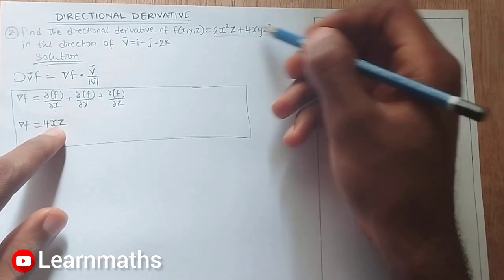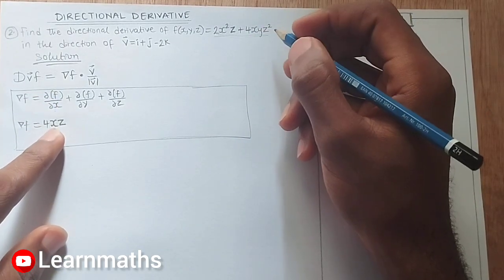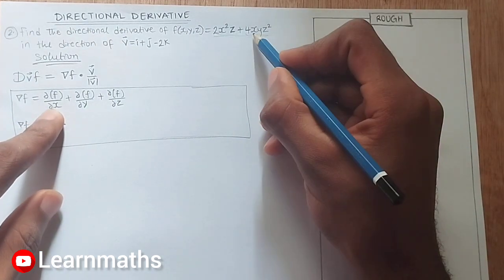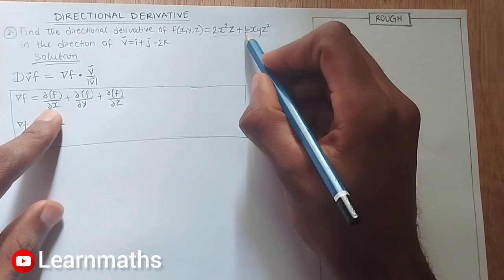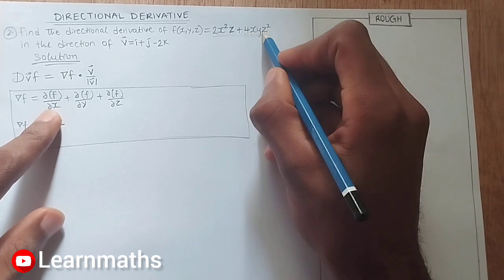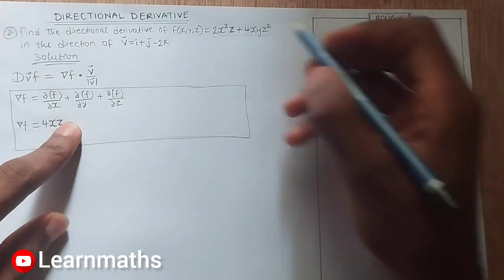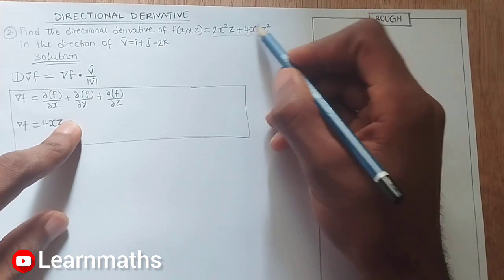We still have other terms to differentiate. Let's differentiate the second term still with respect to x. You can spot the x right there. The other letters become constants. So I'm going to multiply the power of x with these constants.